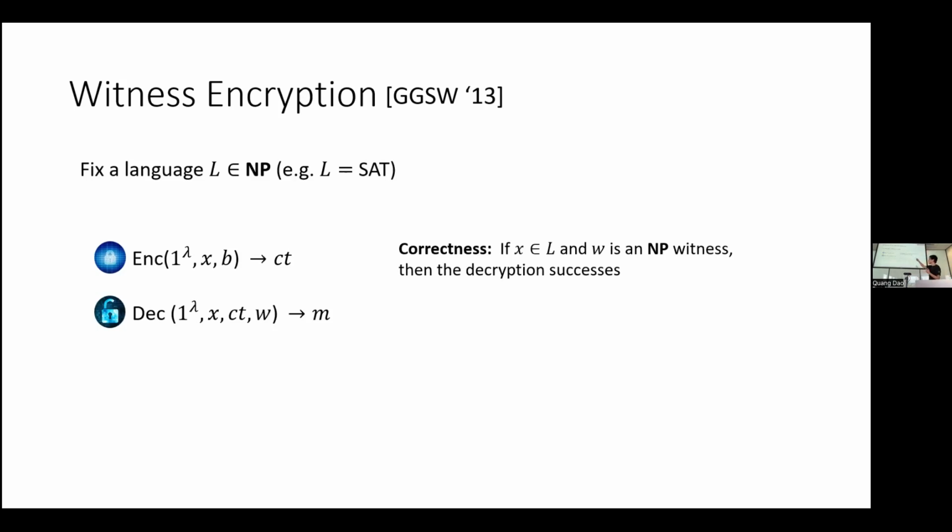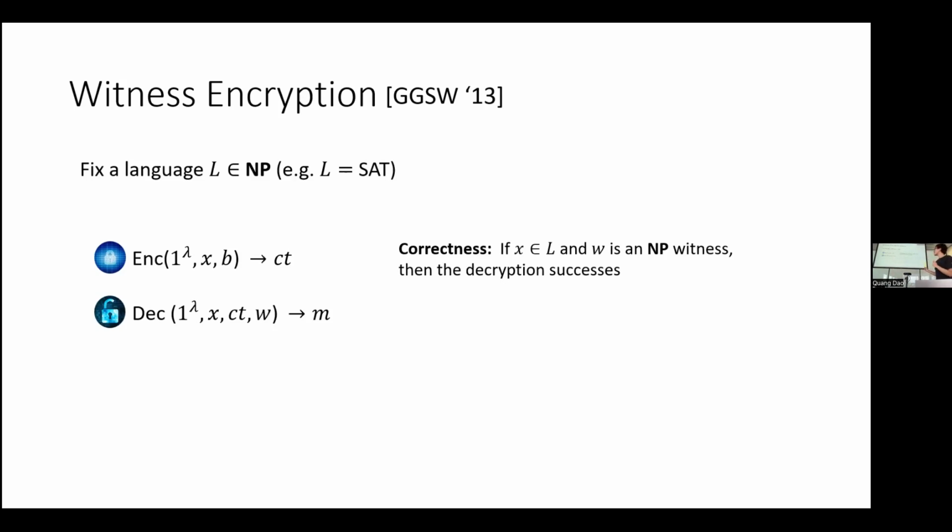This means if X is in the language, in the case of SAT, if the formula is satisfiable, then after you give an NP witness to the decryption algorithm, you can successfully decrypt the message.